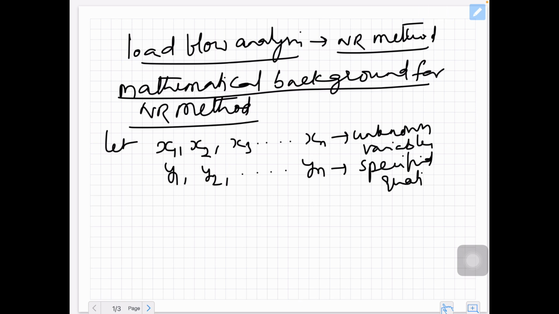In power system, what happens in any particular bus? We know some of the known and unknown quantities. For example, if you consider the load bus, the known quantities are P and Q, that is real power and reactive power, and at the same load bus the unknown variables are voltage magnitude and angle.